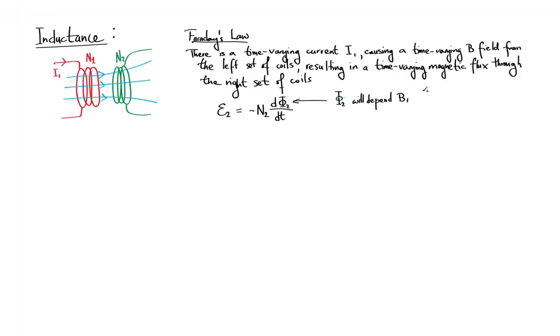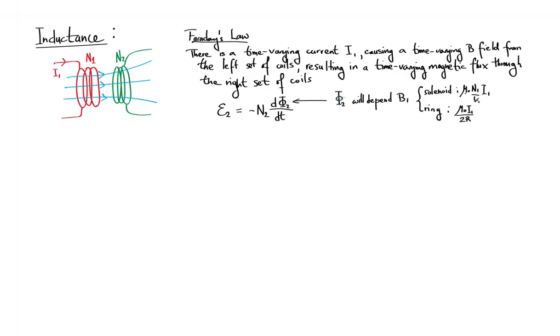If it was a quasi-infinite solenoid, it would be something like mu naught N1 over the length, times I1, right? If the red or left set of coils was just a single ring, we know that goes as basically mu naught I1 over 2R.